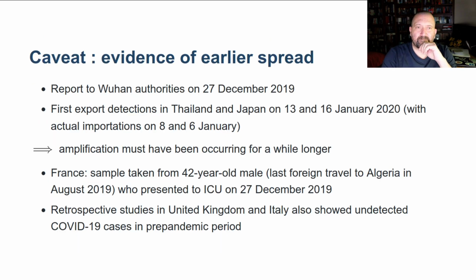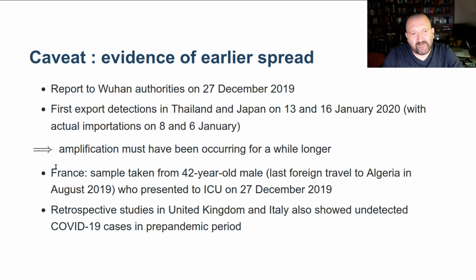And it's actually quite clear that propagation must have started earlier. The first report to the authorities in Wuhan was on 27th December. First detections for cases on the 6th of January.